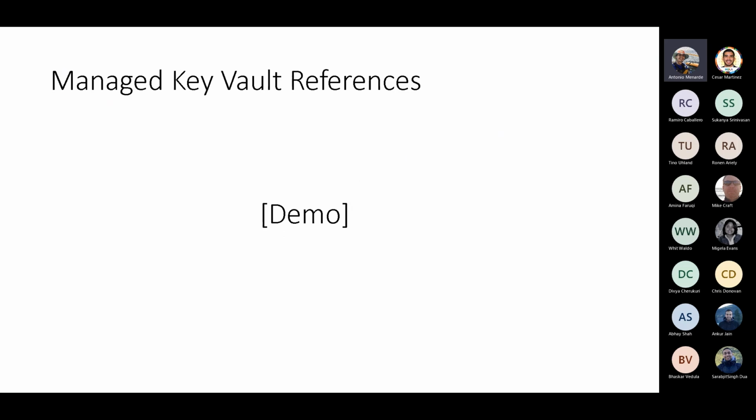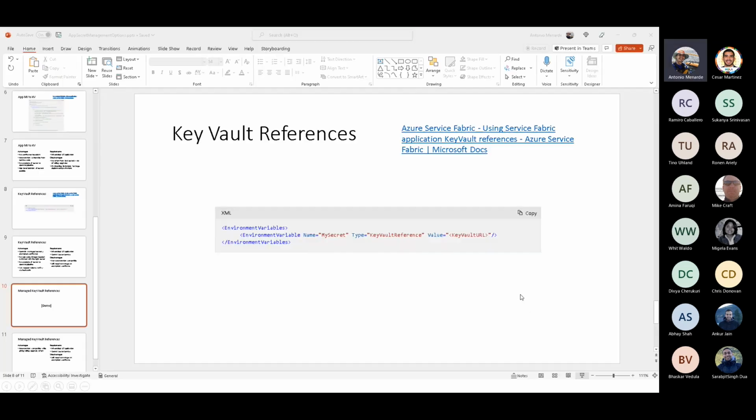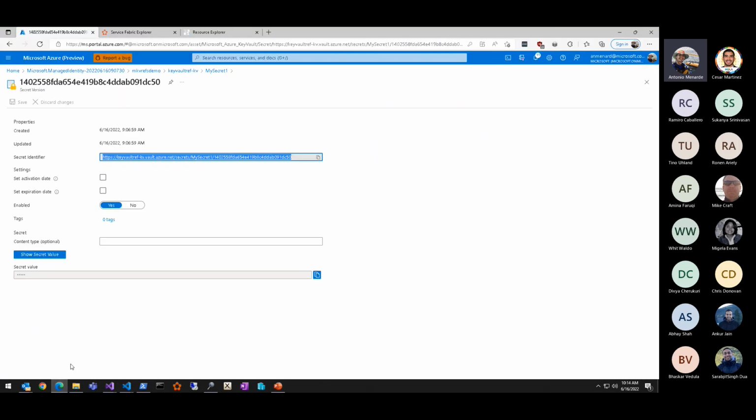Okay, lastly, what we brought in 9.0 is what we call managed Key Vault references. The basic concept here is that rather than declaring in your service a very specific secret instance in your vault, as here, you simply declare the class of secrets, the bag of all the secret objects.